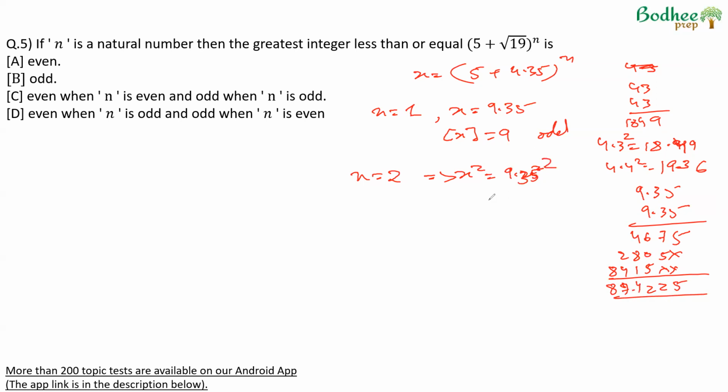So 9.35 square will approximately be 87.4. Again, the greatest integer less than or equal to x square will be 87, which is odd.